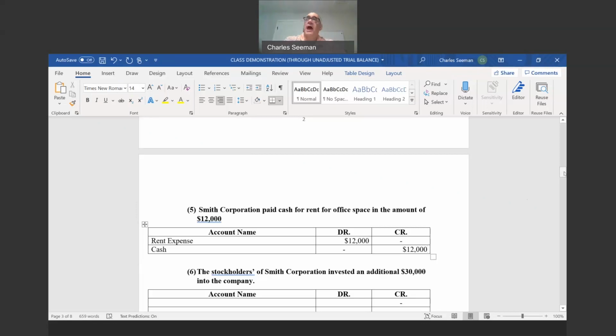Set on the left equation. The asset named cash. Everything is debit to increase and credit to decrease.